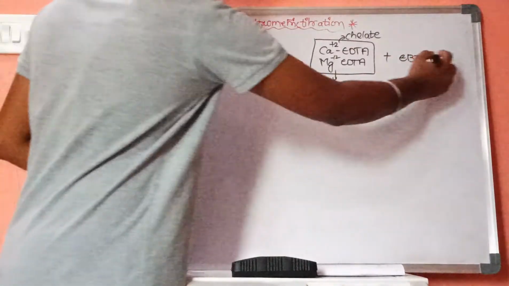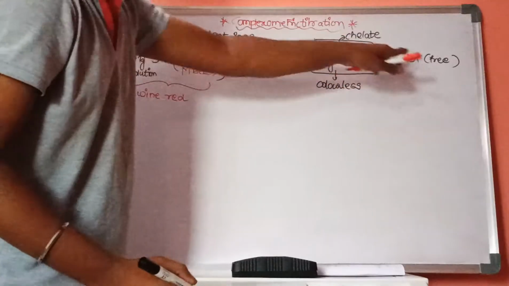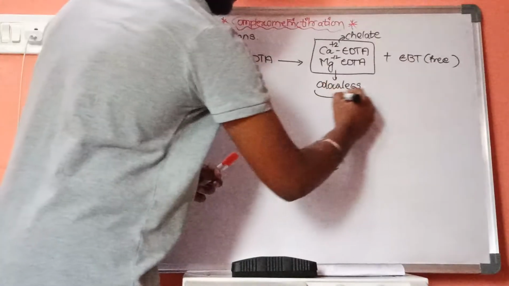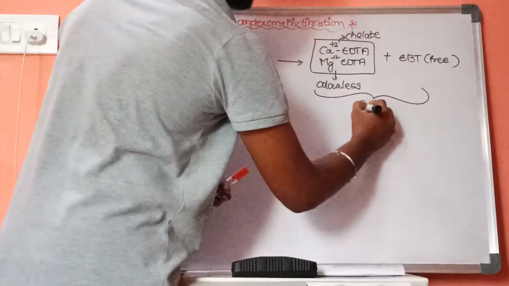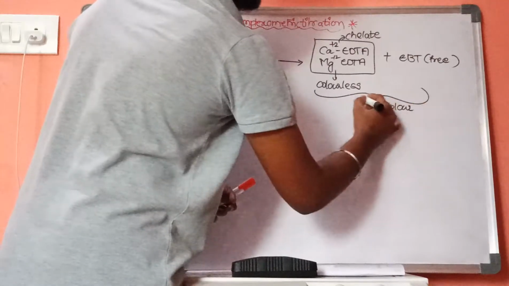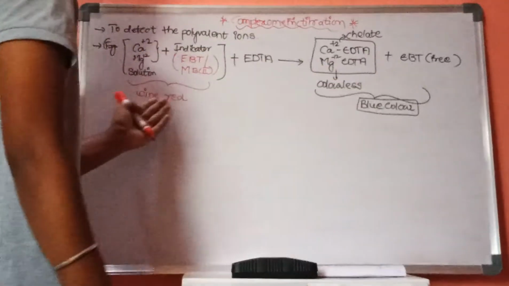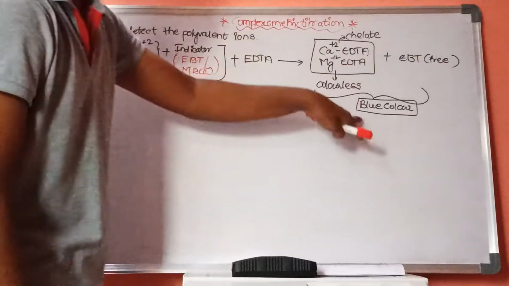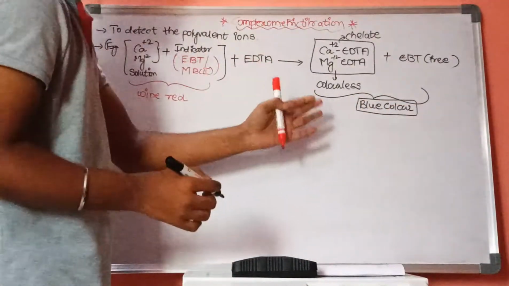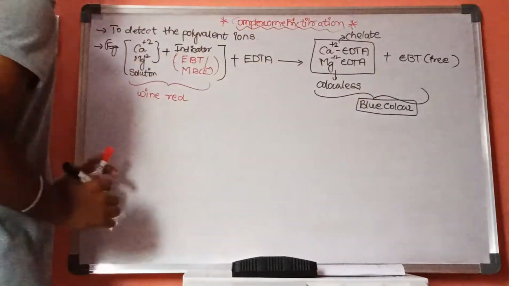Now this colorless solution will react with this free indicator and form a blue color solution. Here the wine red color will get converted to blue color. Whenever the blue color is formed, the endpoint can be detected, and this is the principle of complexometric titrations.